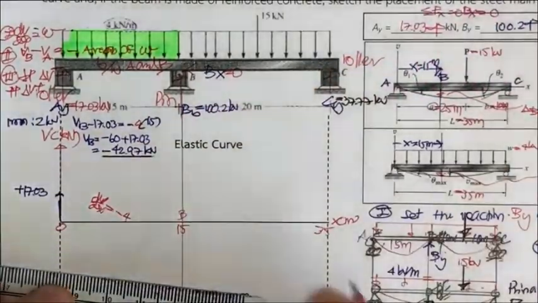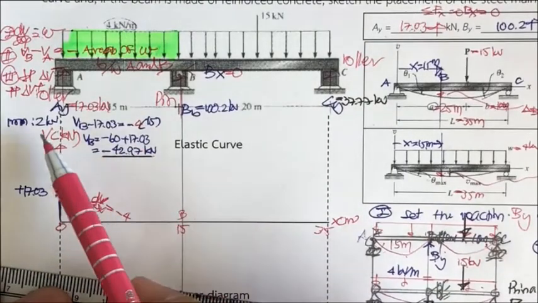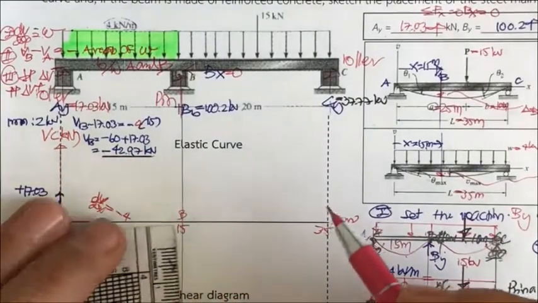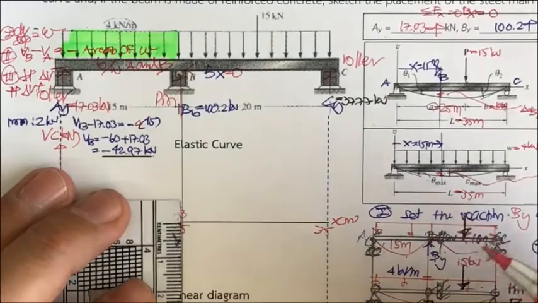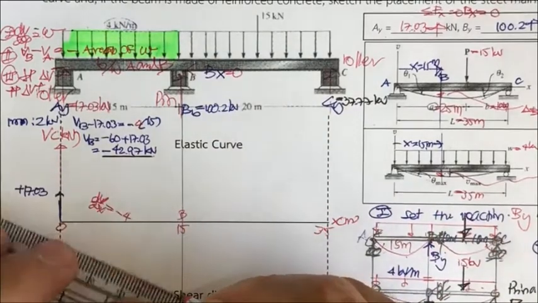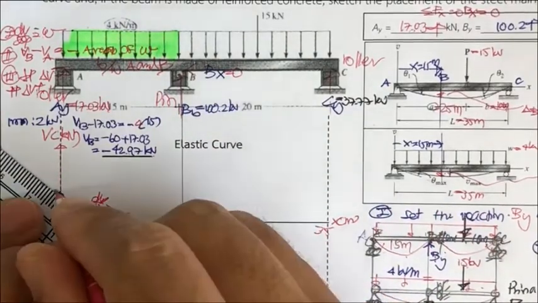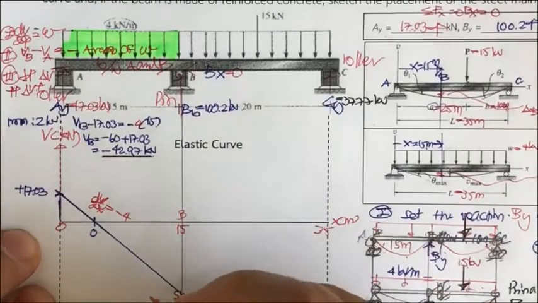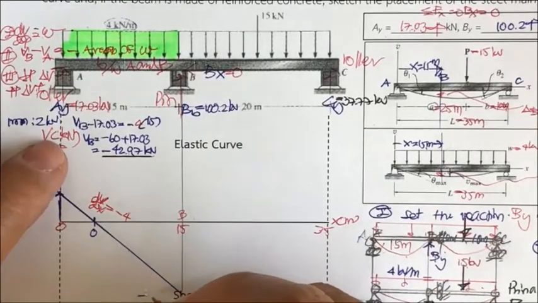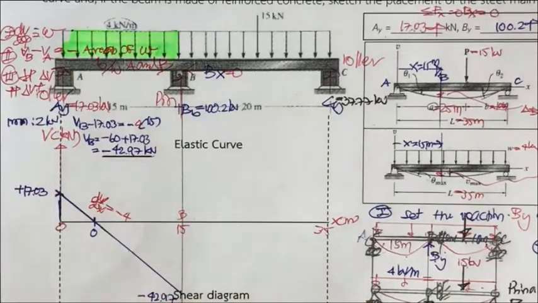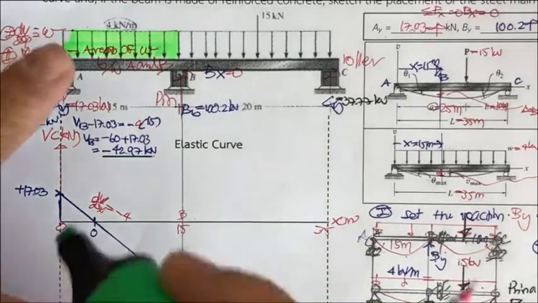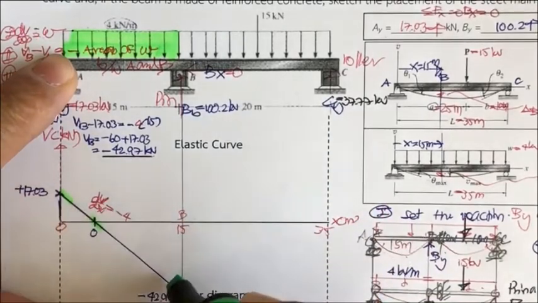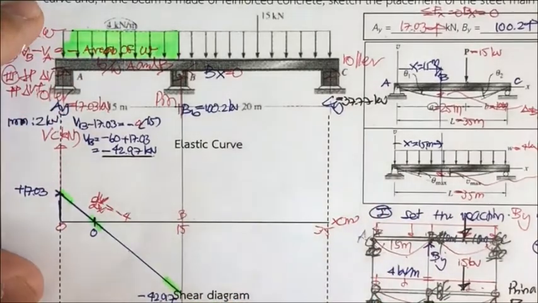Okay, and this is going to be what? That is going to be divided by 2. That's 21 millimeter. Okay, and then you have this, and this is the point of zero shear. This is minus 42.97, and then you get the slope of minus 4, and minus 4.